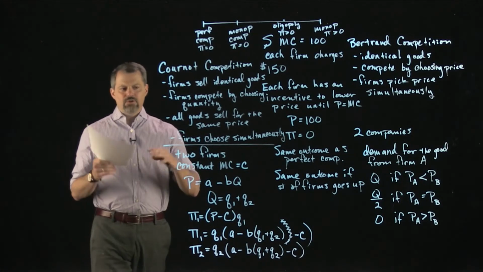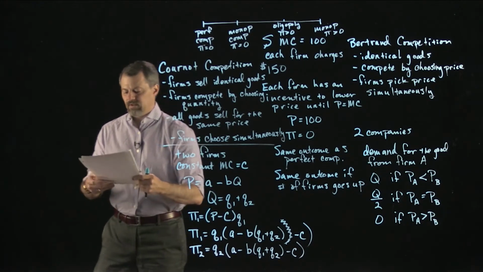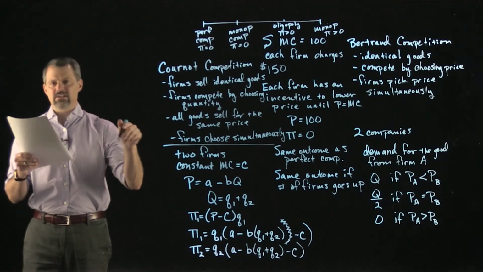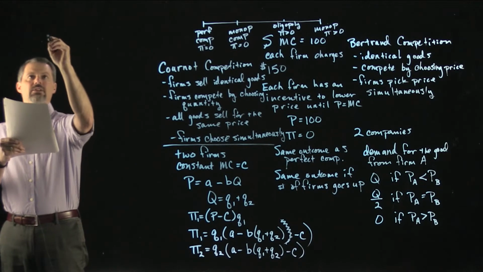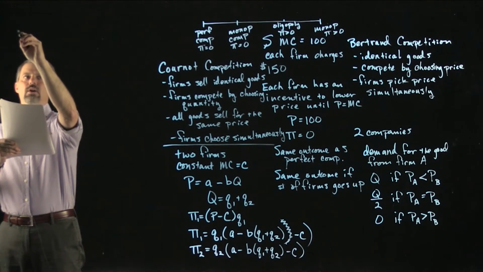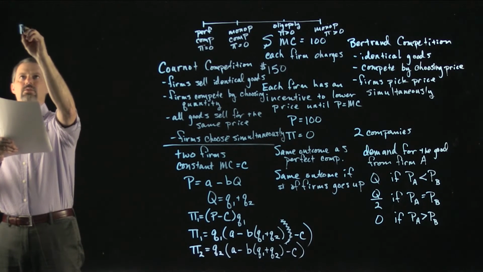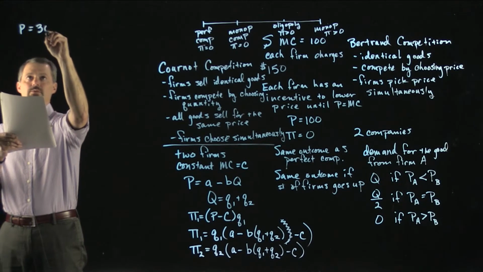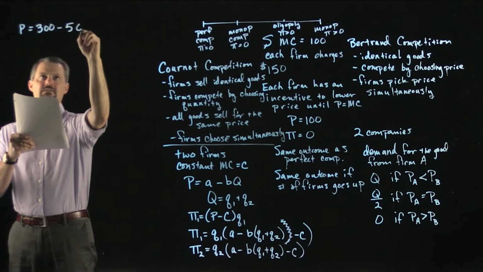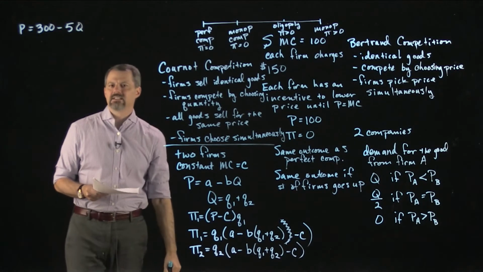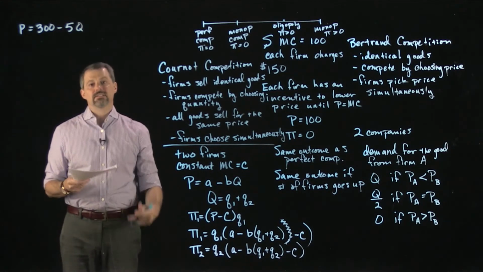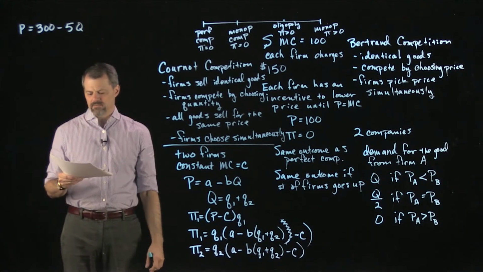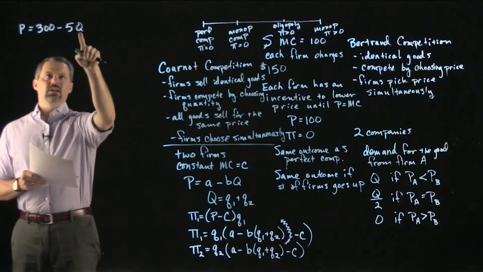So let's do now an example where we have some numbers, and you'll see this is very easy. Let's suppose we start with a market demand curve that looks like this. Suppose we have P equals 300 minus 5Q. Nice simple market demand curve. Clearly it's an inverse demand curve. Let's go ahead and plug in.